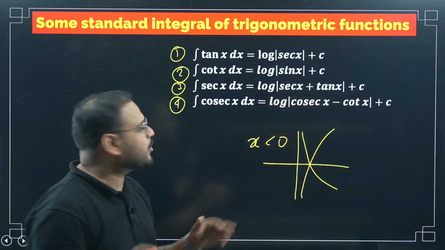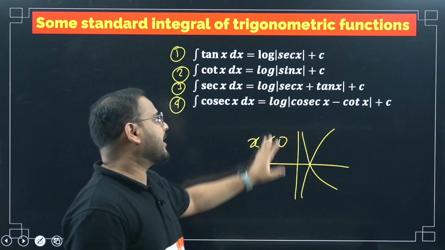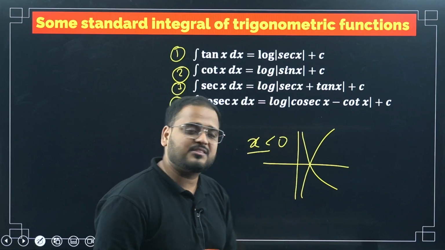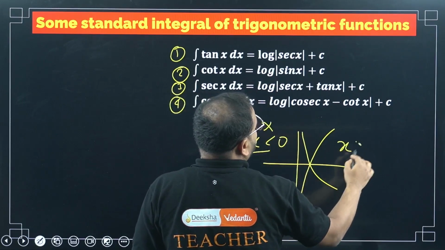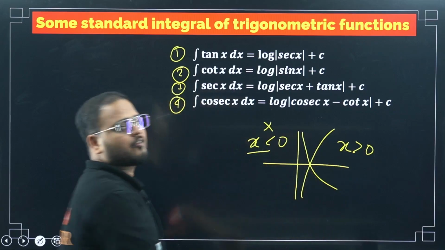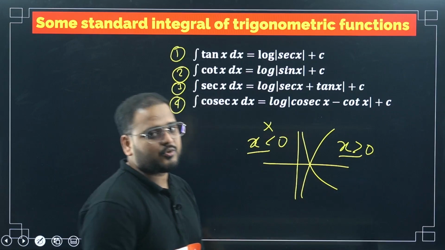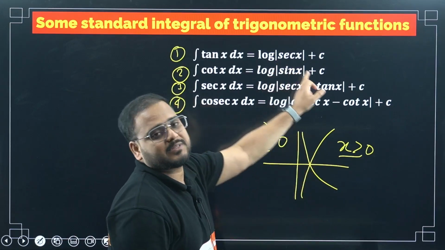No confusion. You don't have to write it, just understand this and keep it in your mind. Log cannot operate on a negative value. You cannot define the logarithm for it, so the only condition is x greater than 0. For x less than 0 there is no log function. The domain is like this. For that reason, the modulus is present. I hope this is clear.